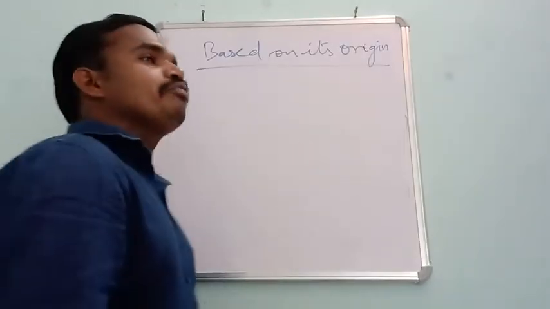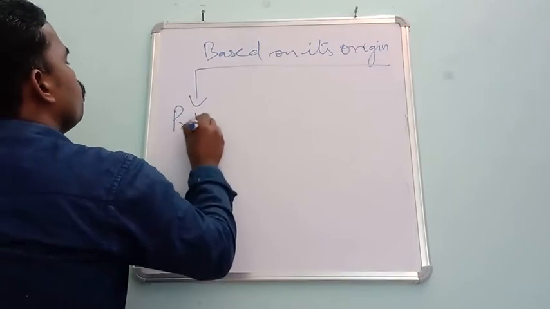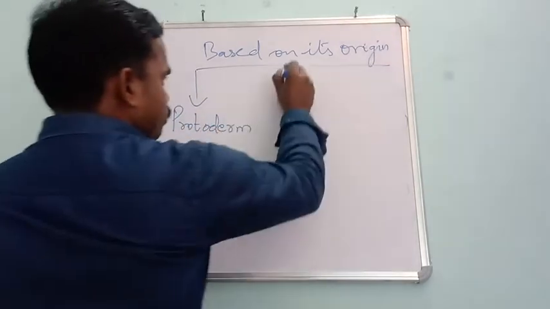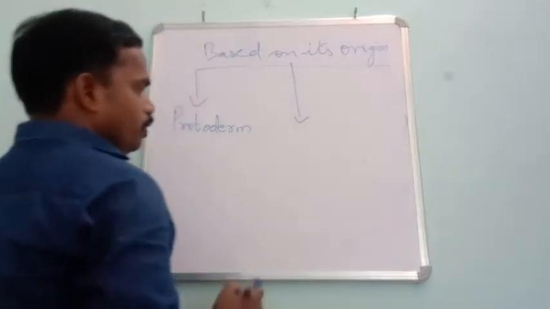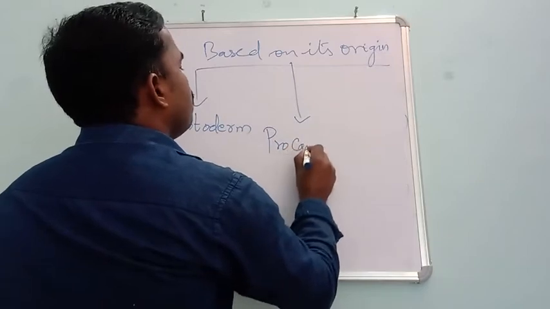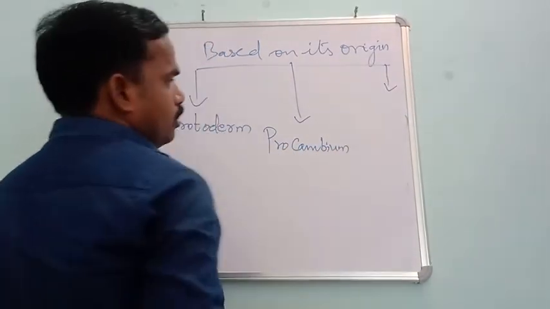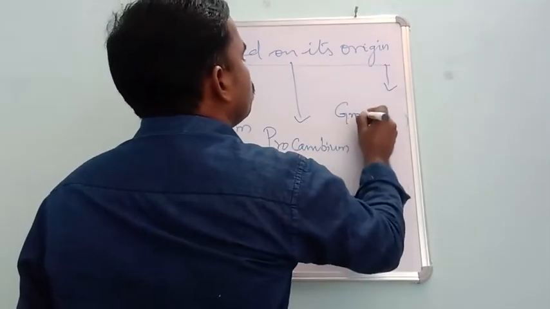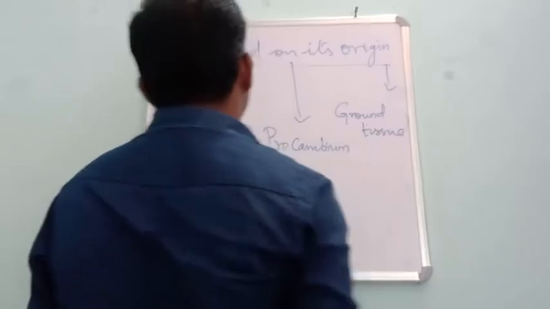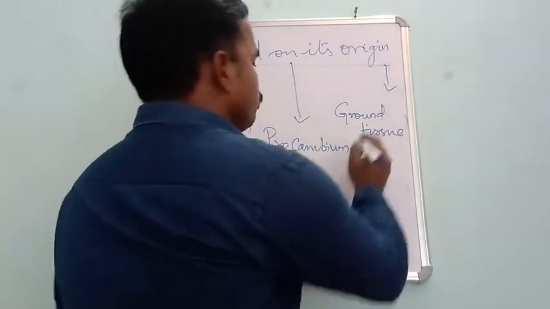How will it be classified? Number 1, protoderm. Number 2 is procambium. Number 3 is ground tissue. Okay, protoderm, procambium, ground tissue.